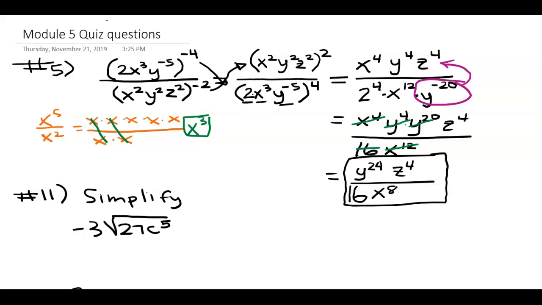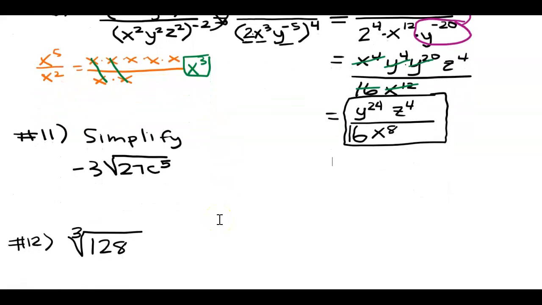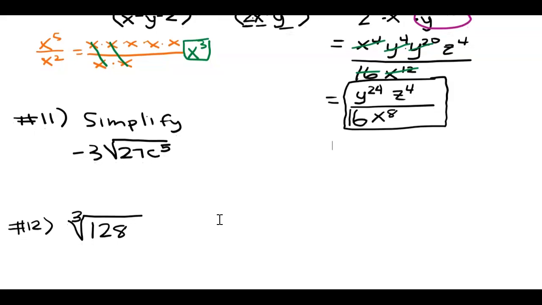Now, with this one, when you're simplifying a square root, you need to remember a couple of things. I think an easy way to simplify these square roots is to take the number that's inside and do the prime factorization for it. So let me try that over here, just out to the side. If I have 27 and I break it down, that's 9 times 3, and then 9 will still break down to 3 times 3.